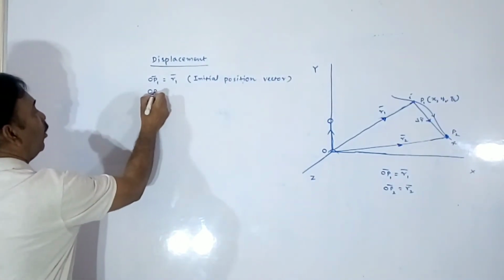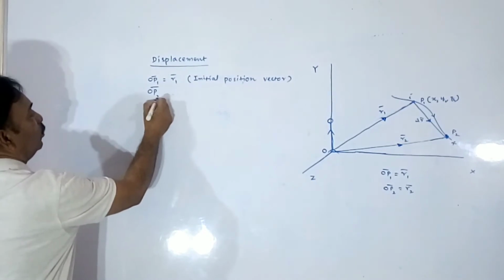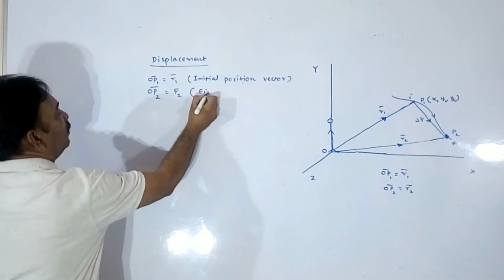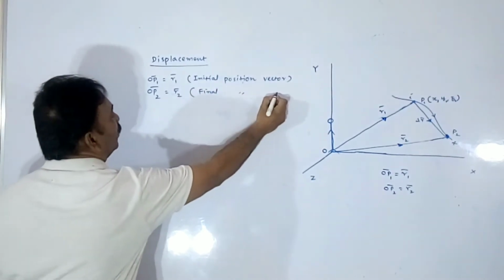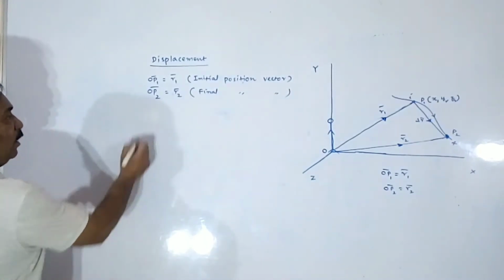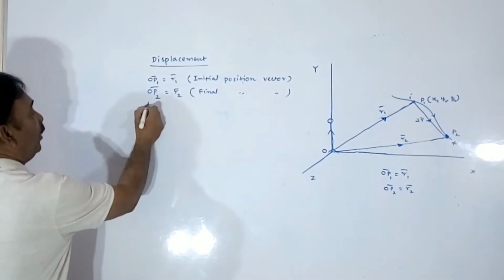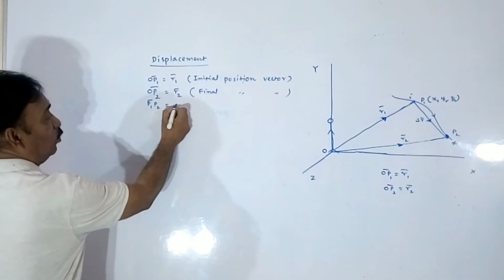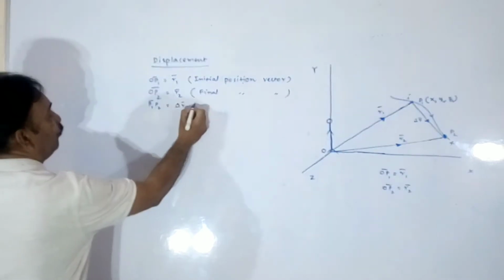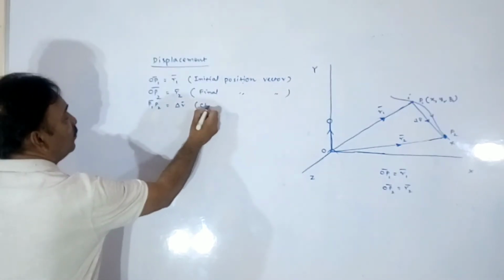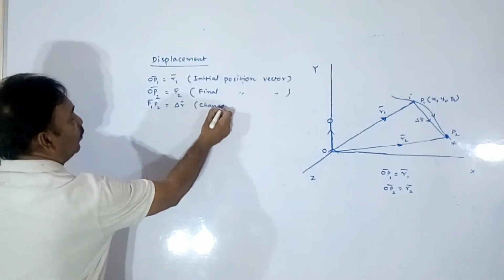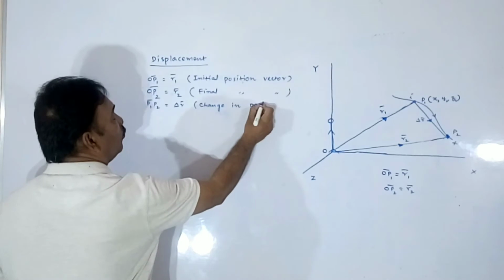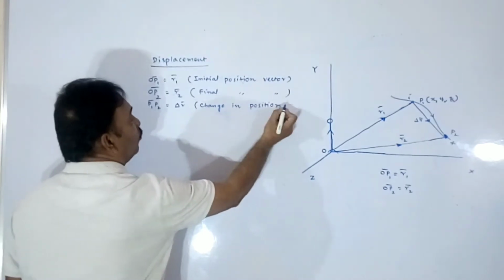And OP2 bar is equal to R2 bar. It is the final position vector. Okay, and P1P2 is equal to what? Delta R bar is equal to the change in position vector.